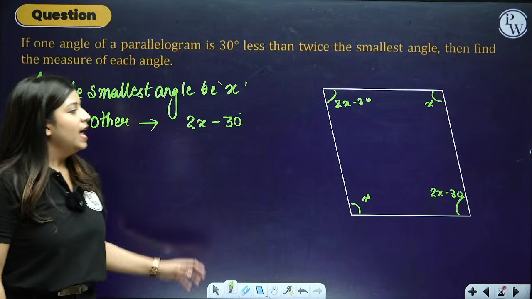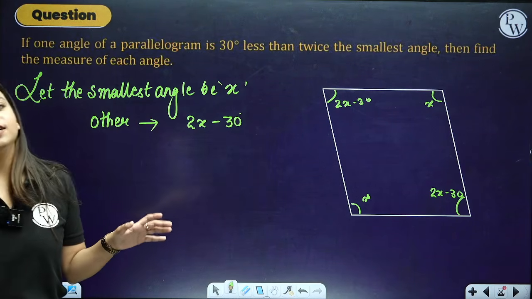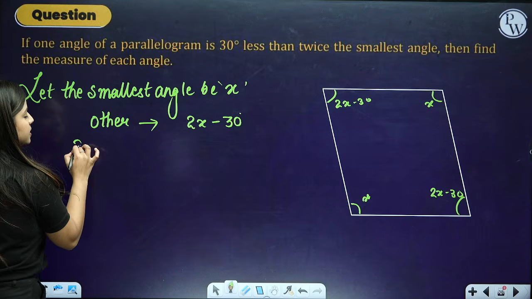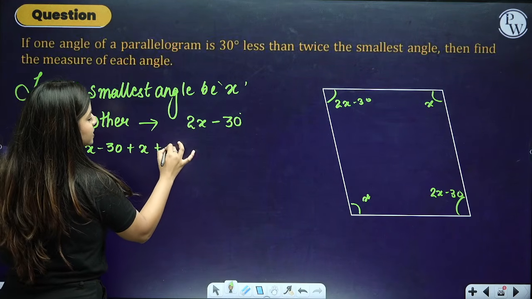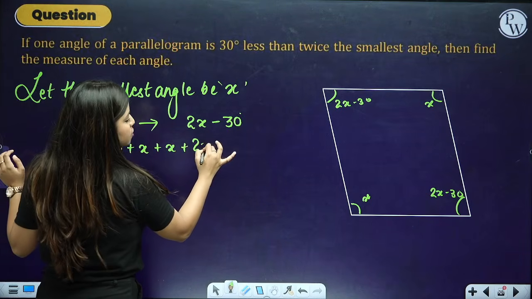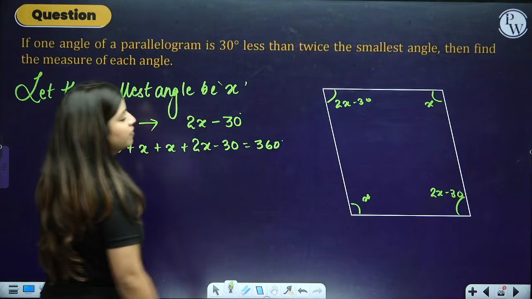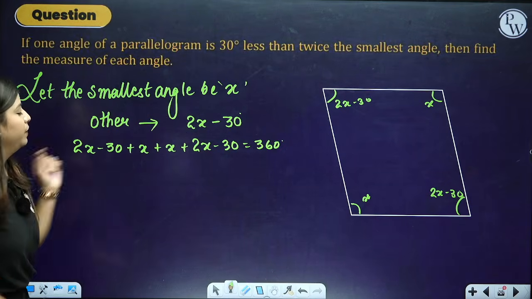Yes or no? And we know that the sum of all the angles of a quadrilateral is 360 degrees. So 2x minus 30 plus x plus 2x minus 30 is equal to 360 degrees. So we have 2x plus x, 3x, 4x, 5x, 6x.